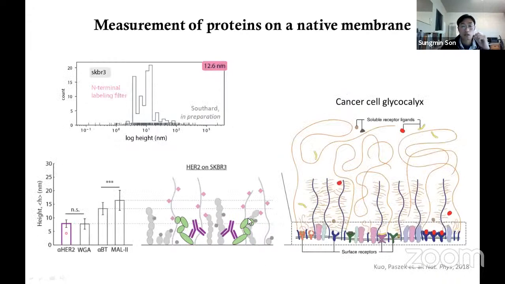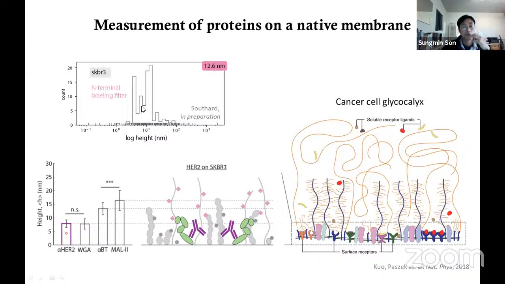So this pretty short, 10 to 20 nanometer average protein distribution on the cell surface is a somewhat different idea than the thick cancer glycocalyx. But it is consistent with the bioinformatic estimation that Caden was able to make.